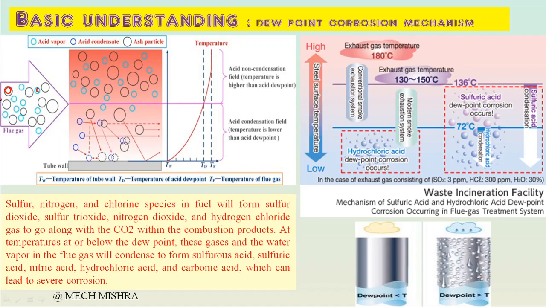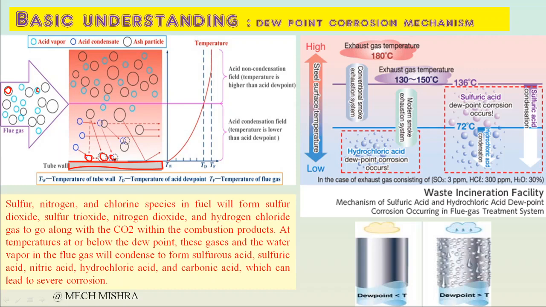Unless and until it is in gaseous phase, it will not affect my metal at all. But see, this is my tube. When the temperature of the tube goes below the dew point temperature, what will happen? The moisture in the stream will start getting condensed on the surface.